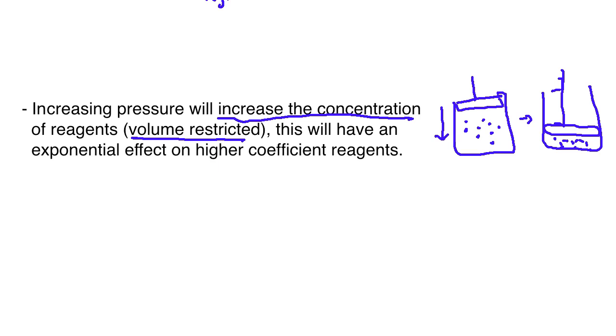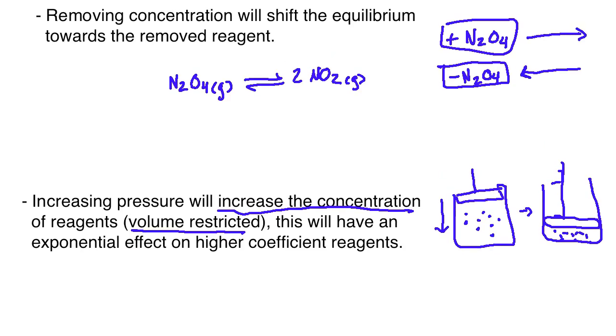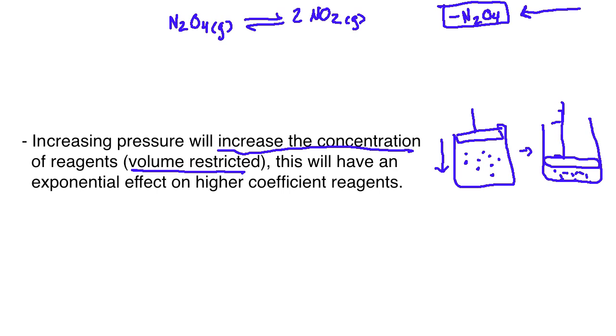So in the case of the N2O4, looking at this reaction that we had up here, remember that the way the equilibrium constant would be set up is that I would have NO2 squared over the N2O4, right? So if the pressure, let's say, is going to increase to the point that it doubles the concentration, so let's say that this was 1 and this was 1, then all of a sudden, right, this becomes 2 and this becomes 2.